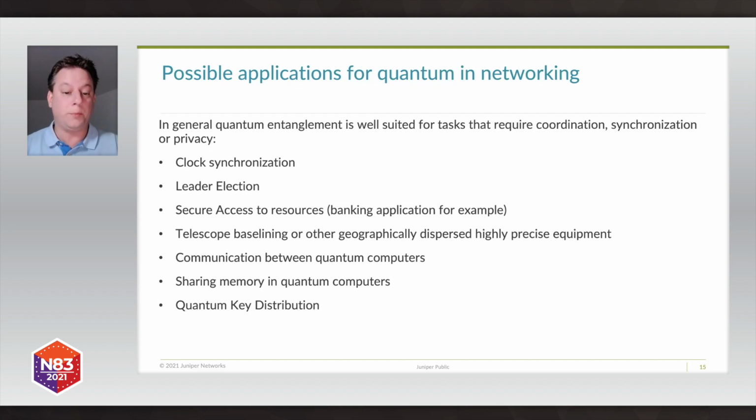Obviously, also communication between quantum computers to either transmit data or share a memory, for example. But the most used and actually most available solution currently is quantum key distribution. There's a couple of vendors who have commercial solutions. You can actually buy them already and integrate them in your networks.